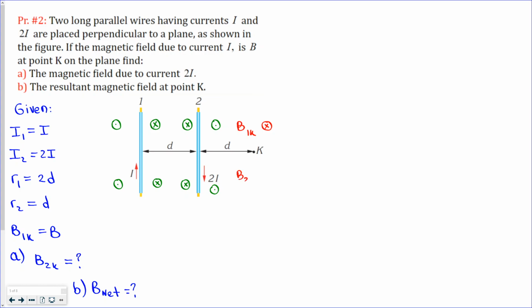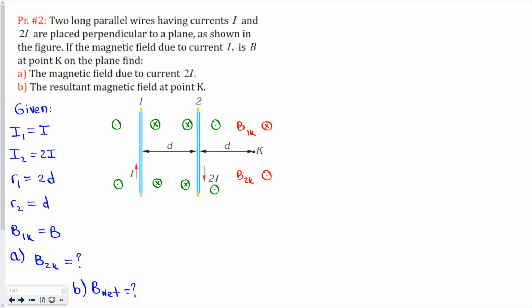For the second wire, the direction of the field will be this. So basically at point K we have two opposite directions of the fields. So the net field will be whether B1K minus B2K or B2K minus B1K.